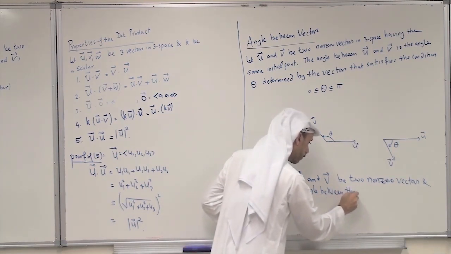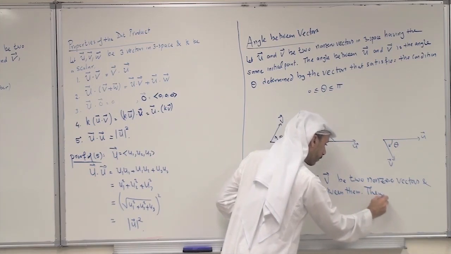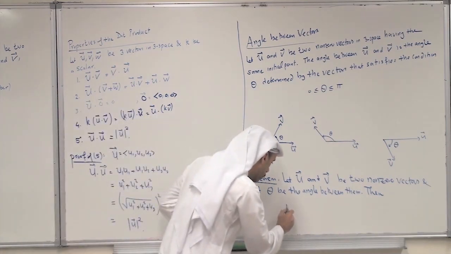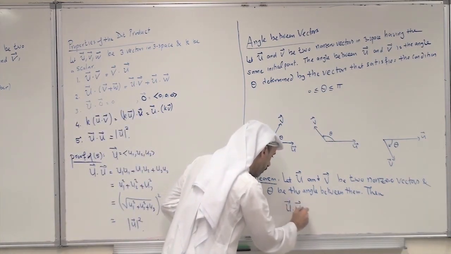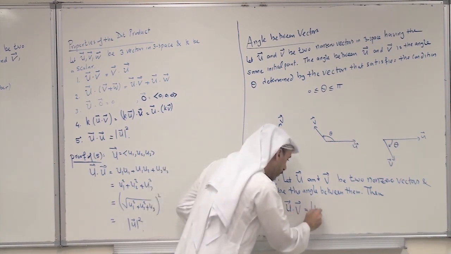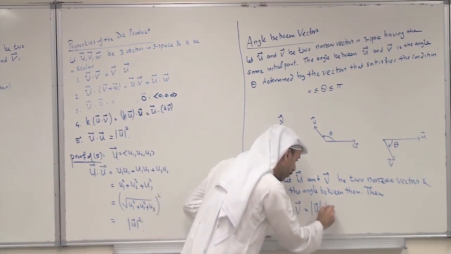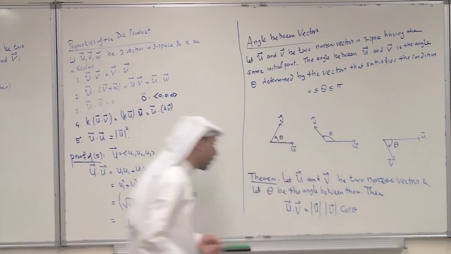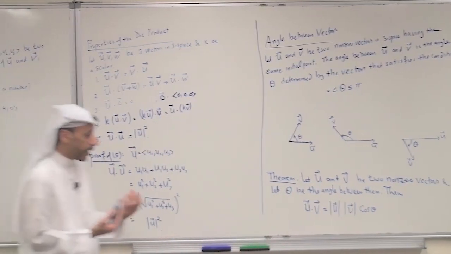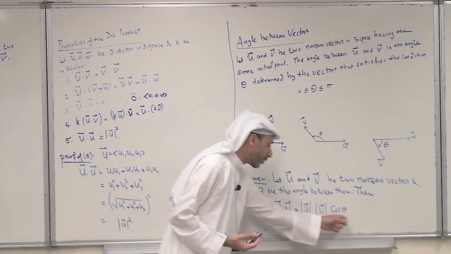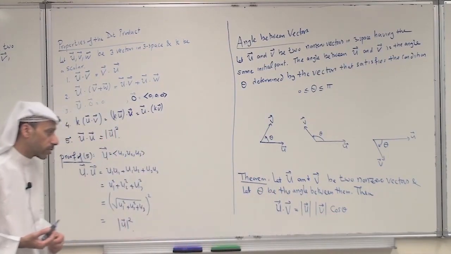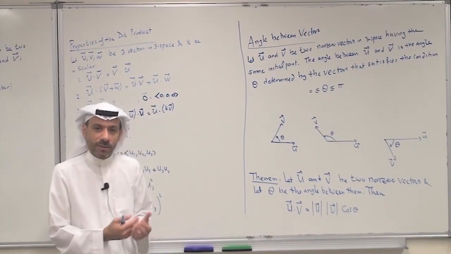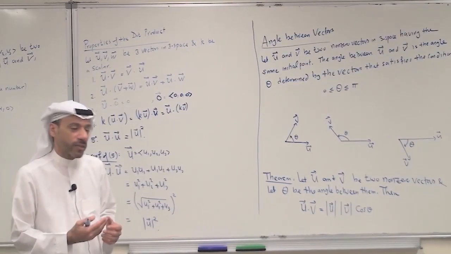Then the relation between the dot product and theta is given as follows: u dot v equals the magnitude of the vector u, times the magnitude of the vector v, times cosine theta. So this is the relation between the dot product and theta, the angle between the two vectors. This theorem follows from the law of cosines that we usually study in trigonometry or Math 002.